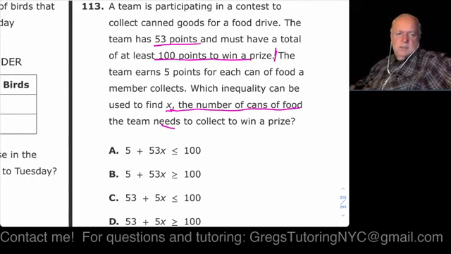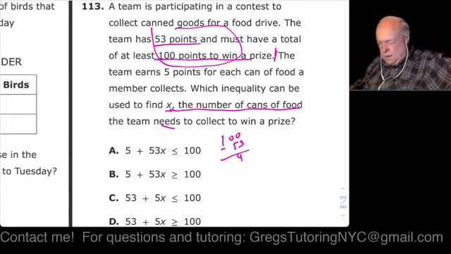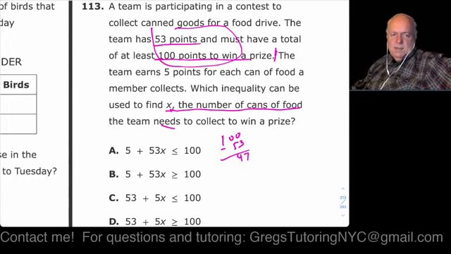So it seems to me that the team has 53 points and must have a total of 100. If we do 100 minus the 53, we're going to get 47. So the team needs to acquire 47 points. Each can is going to earn 5 points.